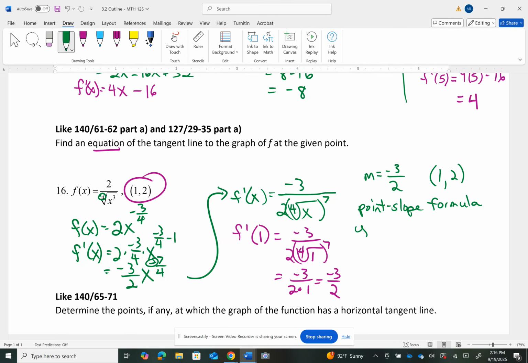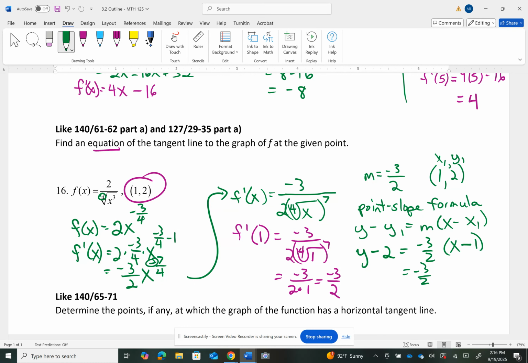So it's really just a matter of, one way to do it is just to plug into the point slope formula. Slope goes in for m, and then the point had an x of 1 and a y, and that's like a specific point, so that's the x1, and then the y1 would be 2. So keep the x with x, keep the y coordinate with the y, and then just simplify.